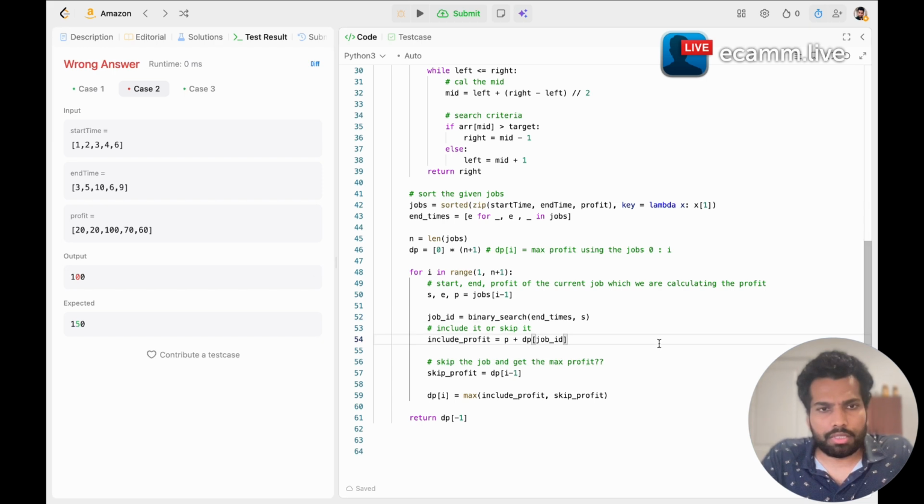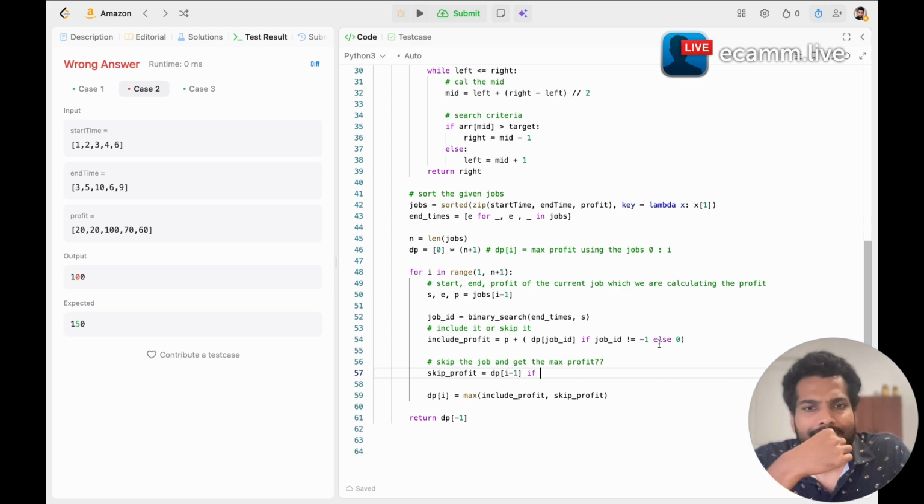There is a chance that this job ID can be negative, because, let me see, if the job_id is not equal to -1.